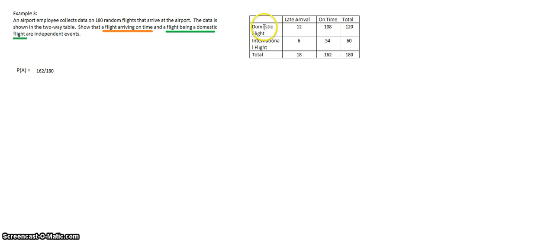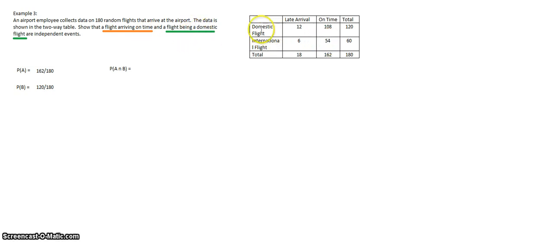Now, event B is the flights being a domestic flight. I'm going to look and see how many flights are domestic, and I have 120 flights that are domestic. So my probability of a domestic flight is 120 out of 180. Now, I want to find the probability of A intersection B: a flight arriving on time and being a domestic flight.